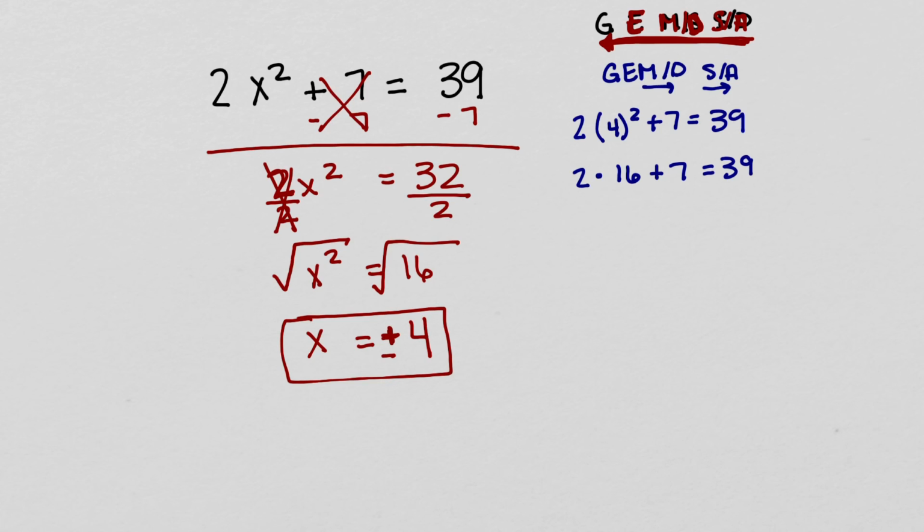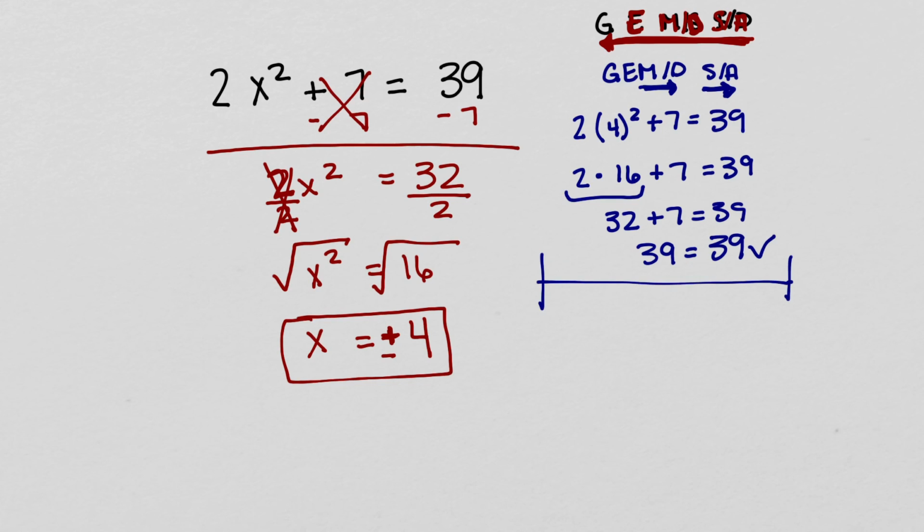Now I can multiply and divide left to right. 2 times 16 is 32, plus 7 equals 39. And now I can do my addition left to right. 32 plus 7 is 39, equals 39. That's true.